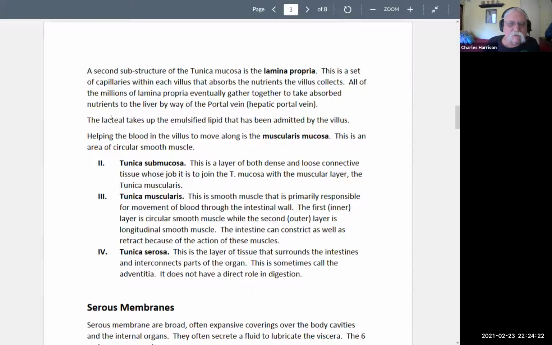It's a set of capillaries, absorbs nutrients, and all of the material that is gathered in, all the absorbed nutrients, make their way to the liver by the hepatic portal vein, sometimes just called the portal vein. Okay. We'll be getting to that a little bit later. The lacteal takes up emulsified lipids.